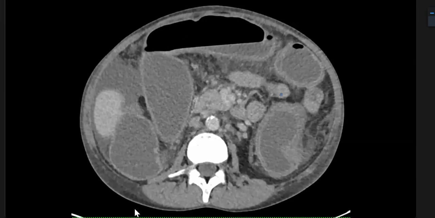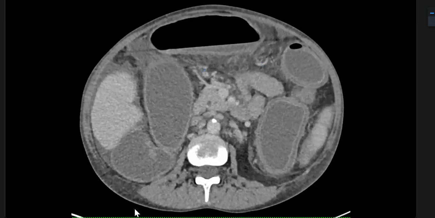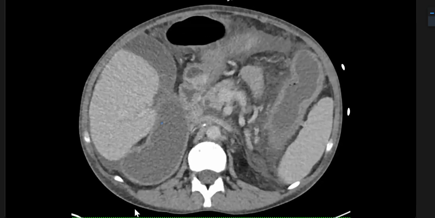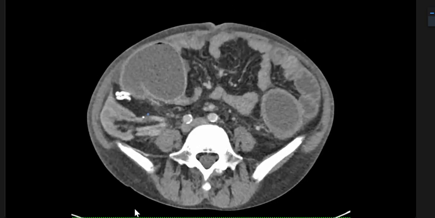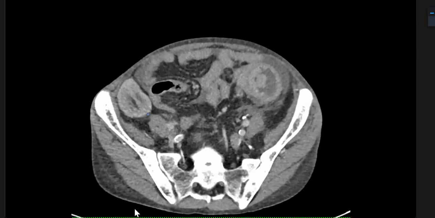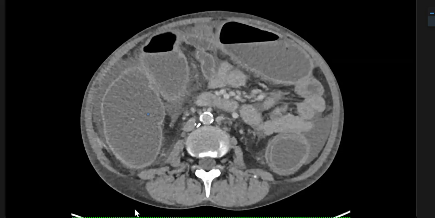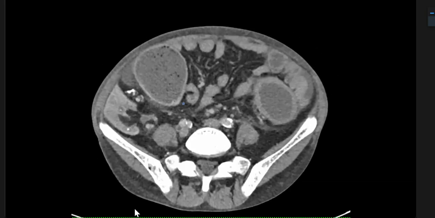There's the splenic flexure, then the transverse colon, quite distended, and then the ascending colon and cecum. There's a loss of haustration of the bowel. The transition point you were talking about is the ileocecal valve, where you see the normal terminal ileum, and the small bowel is completely collapsed.